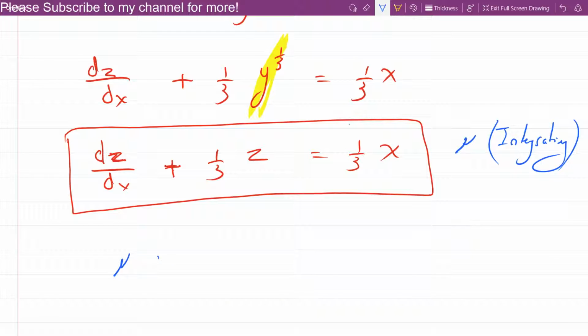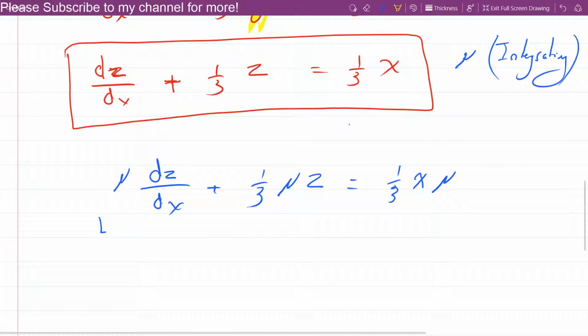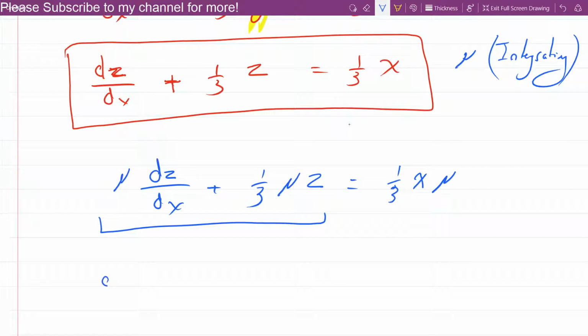So mu dz over dx plus 1/3 mu z equals 1/3 x mu. And I'll reverse this using the product rule, so I will say that this is d over dx of z mu.